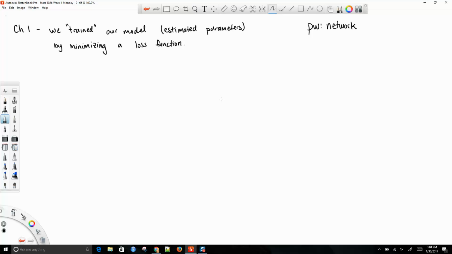Okay, so that's what we did in chapter 1, and we saw we could minimize the loss function using gradient descent, things of that nature.